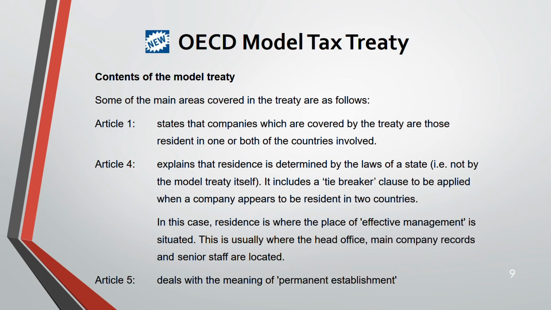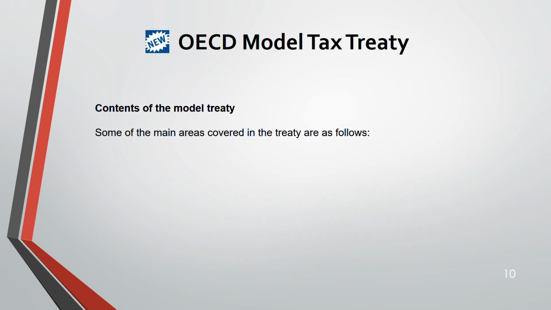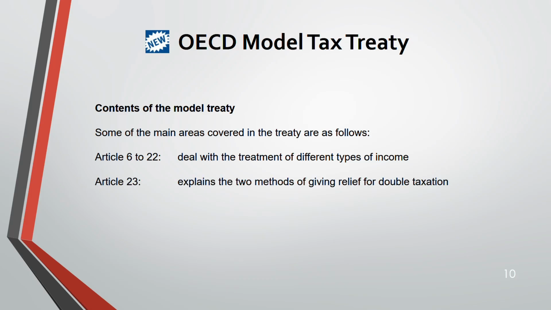Article 5 deals with the meaning of permanent establishment. Now, Articles 6 to 22 deal with the treatment of different types of income. Article 23 explains two methods for giving relief for double taxation. One way is you exempt the income in one state and tax it only in one state.